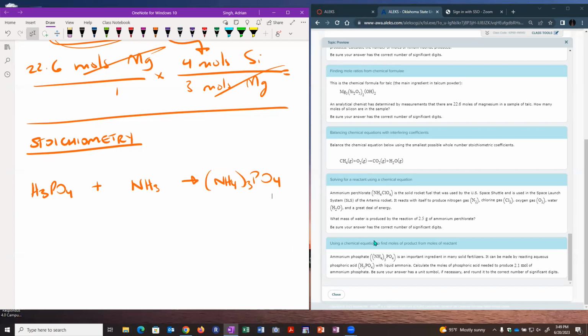However, before you use it, you want to make sure that it is balanced. So you're going to use your coefficients to balance this particular equation.